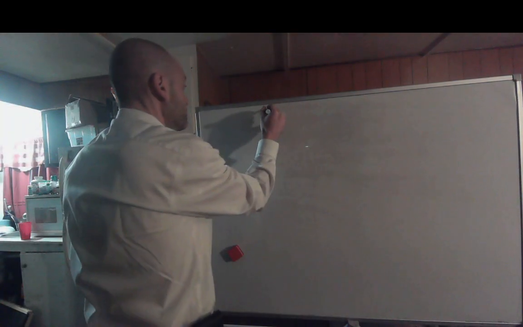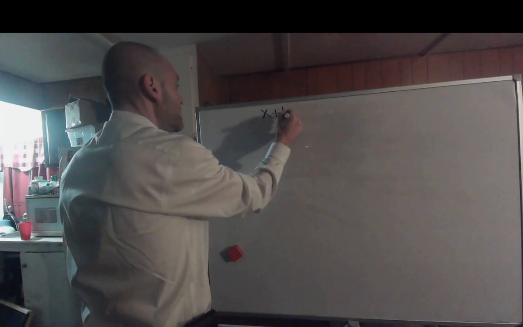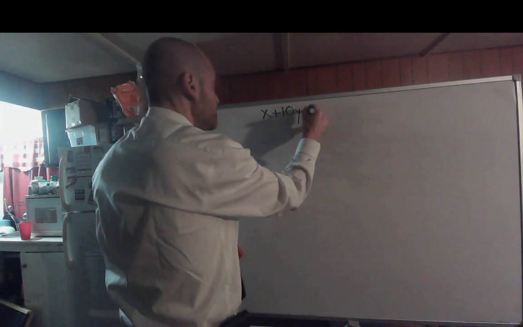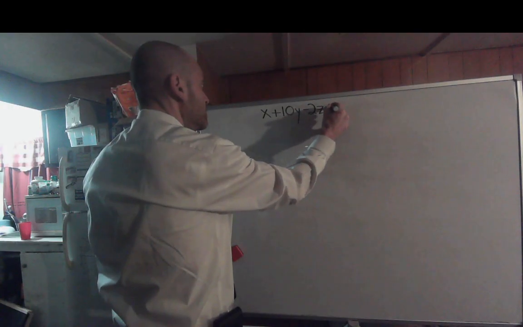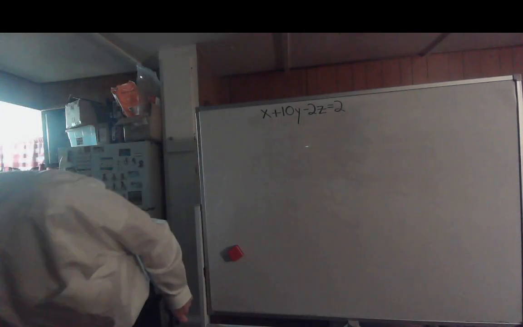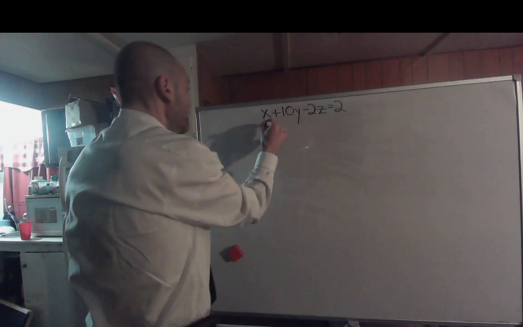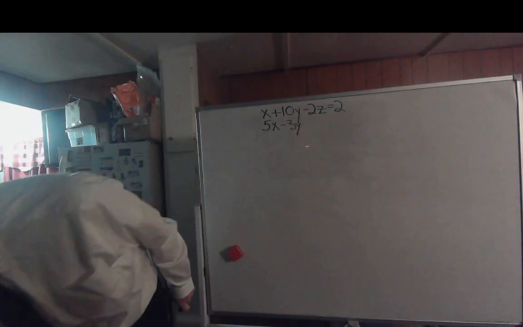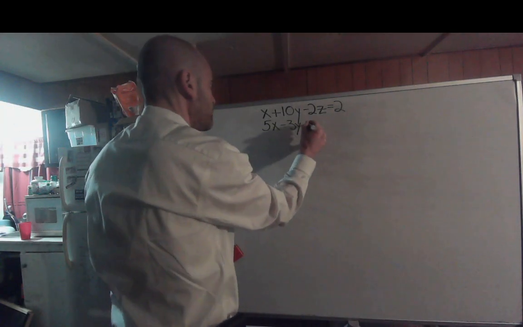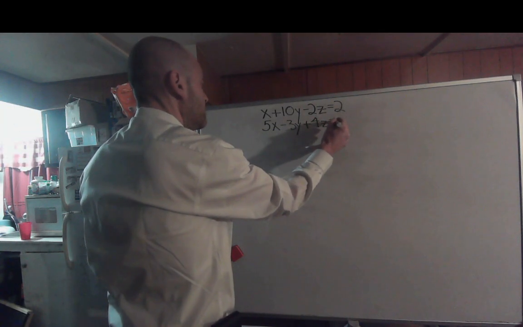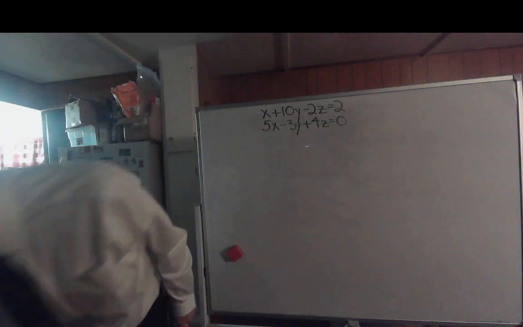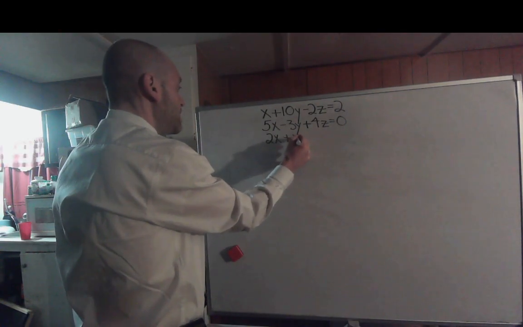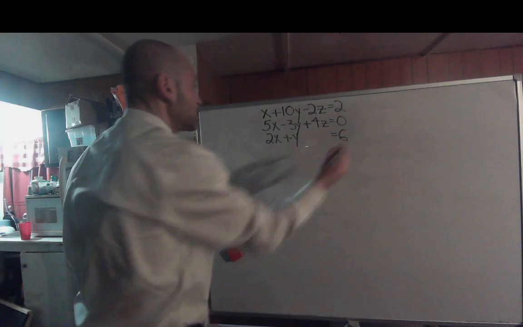Alright, let's change it a bit. So we have x plus 10y minus 2z equals 2, 5x minus 3y plus 4z equals 0, and then we have 2x plus y equals 6.